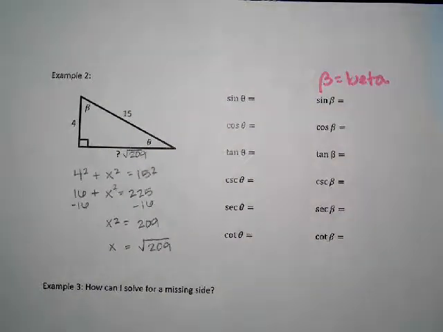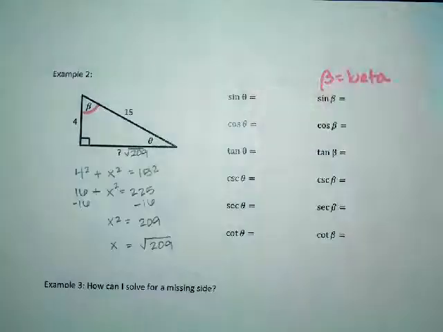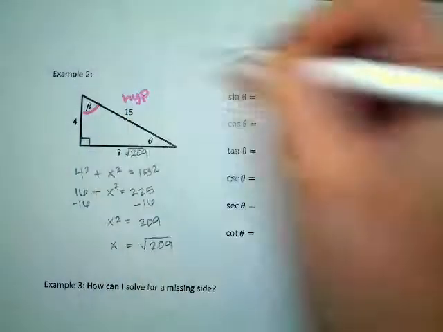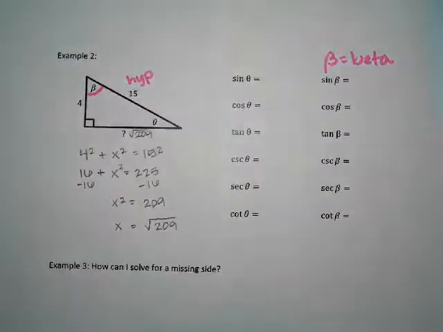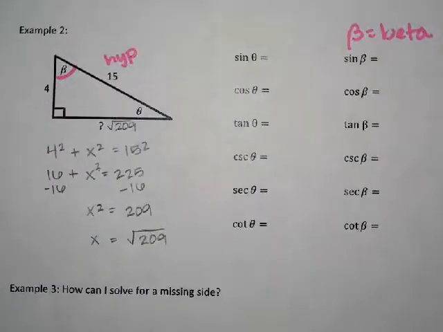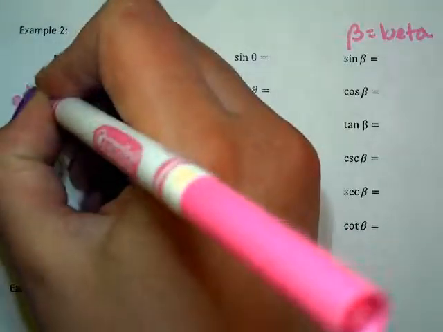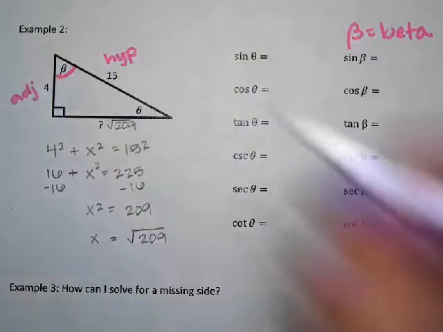So if we look at this right here, the 15 is always the hypotenuse, no matter what. What's the name of the 4? Adjacent. It would be next to the beta, so it's adjacent to beta. And then what's the name of the root 209? Opposite.